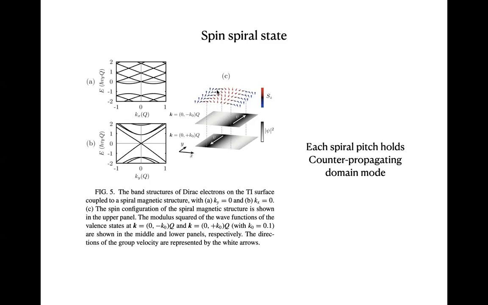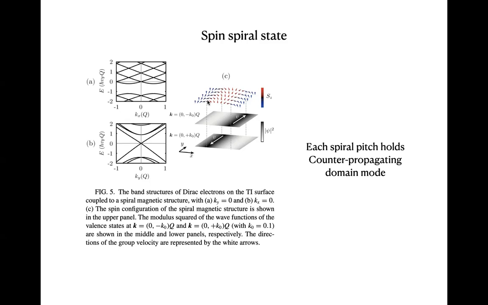This domain wall can be thought of as a different mass gap for the Dirac fermion. On this side, when the Dirac fermion is gapped out, the Chern number equals +1. The other side has Chern number equal to -1. So there has to be a chiral edge state along each of these effective magnetic domain walls.